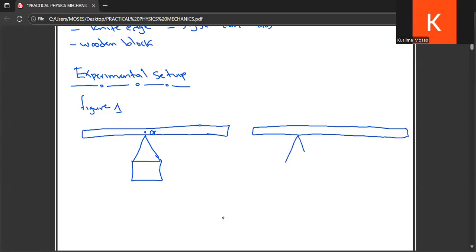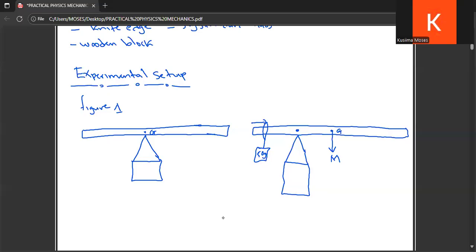So this is our knife edge. The knife edge is placed on the meter rule. Then we have our center of gravity here, G. At this point is where you have the mass of the metal acting, or the weight of the metal rule. Then here we shall have our 50-gram mass.